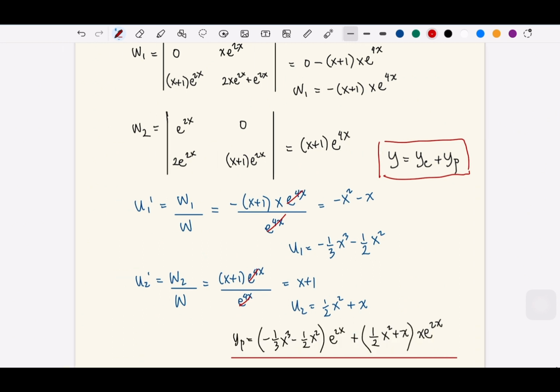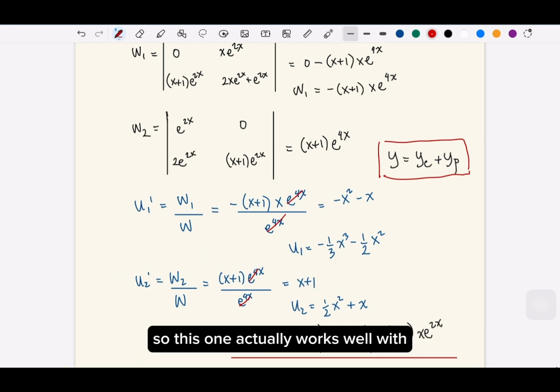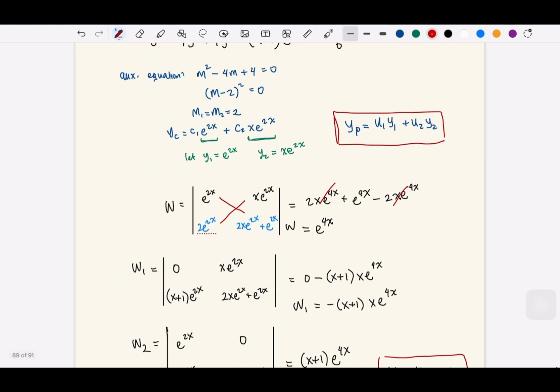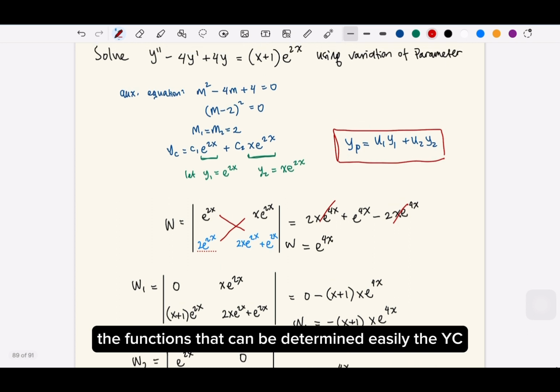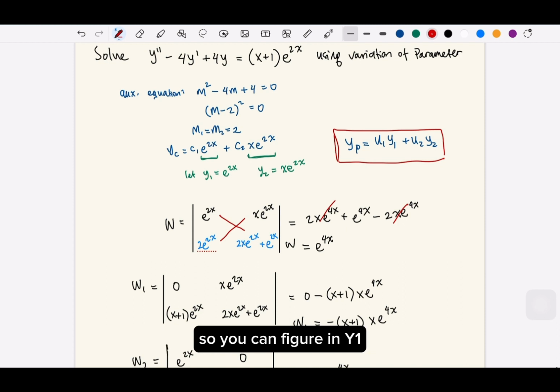Okay. So this one actually works well with functions where the yc can be determined easily. So you can figure out y1 and y2, which are going to be the basis foundation for our Wronskian.